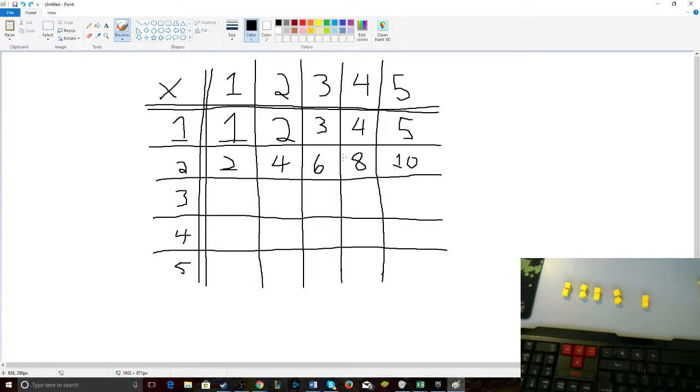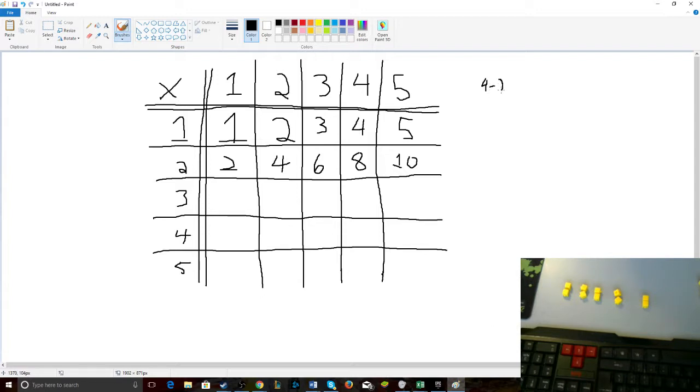And then for 2's, 2 times 1, because we're multiplying it by 1, is going to be 2, because of the rule that whenever you multiply something by 1, it's going to be itself. So 2 times 1 is 2. Now 2 times 2, we have 2 groups of 2, and what we can see is a pattern that from 2 times 1 to 2 times 2, there's a difference of 2.